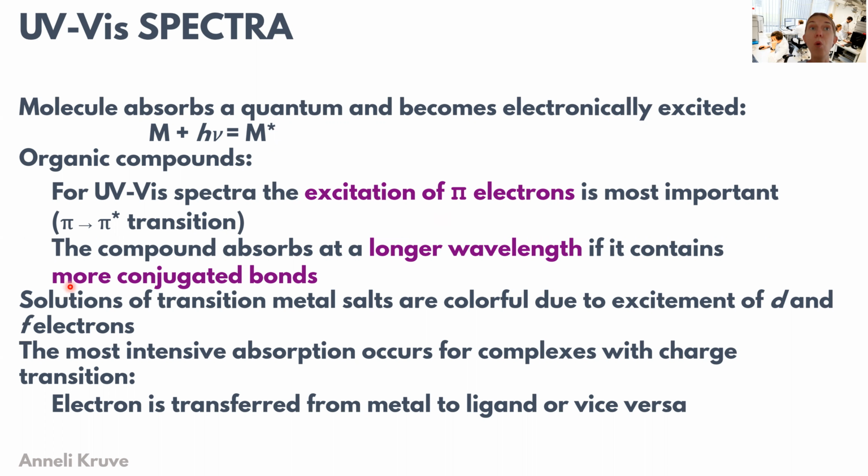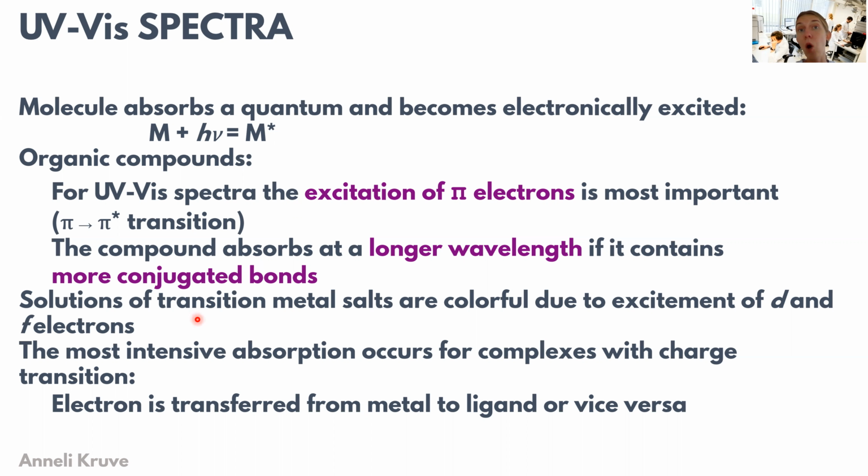And the more conjugated the pi electrons are, the longer wavelength we usually can expect our molecules to absorb. So it is very important that the molecules contain double bonds, and the more double bonds there are, the longer wavelength we can use to measure these compounds.